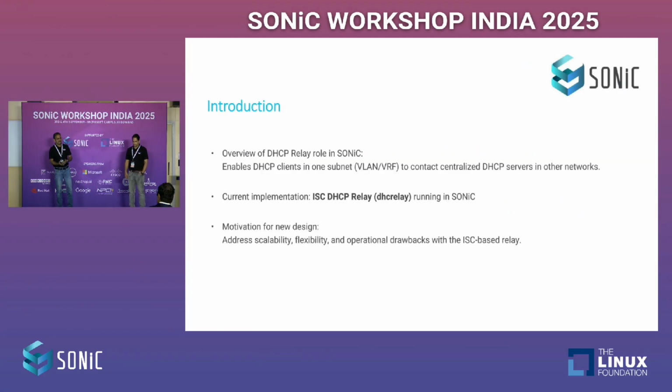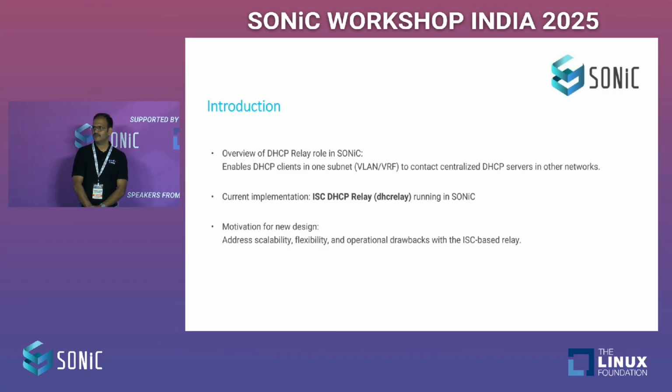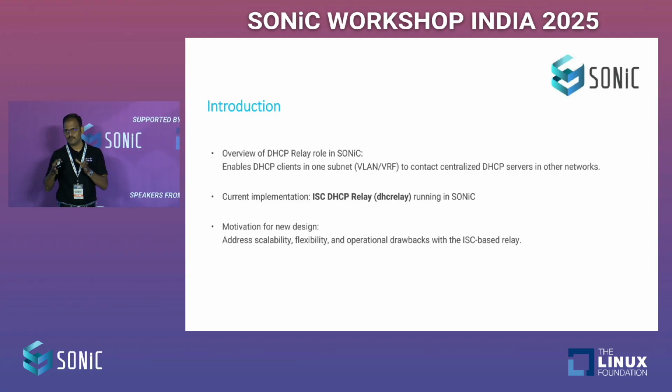Those who have been working in SONiC for a long time will know how SONiC evolved. In the initial days, they took multiple open sources and clubbed them together to make a product. ISC DHCP is one of them. Team D is another example, taken from some other open source, and SONiC consumed it. This old code, written decades ago, is not really suited for the SONiC environment, and is not properly integrated into SONiC.